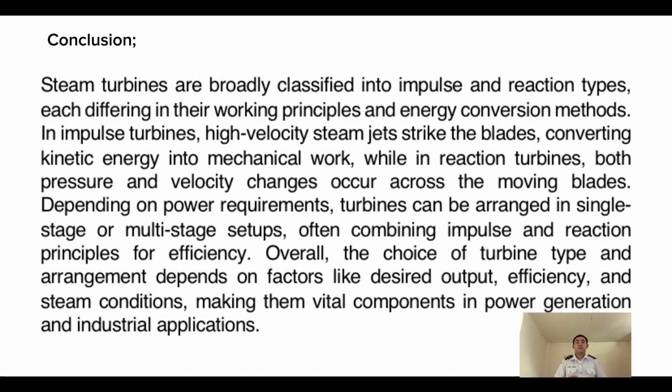Depending on power requirements, turbines can be arranged in single-stage or multi-stage setups, often combining impulse and reaction principles for efficiency. Overall, the choice of turbine type and arrangement depends on factors like desired output, efficiency, and steam conditions, making them a vital component in power generation and industrial applications.